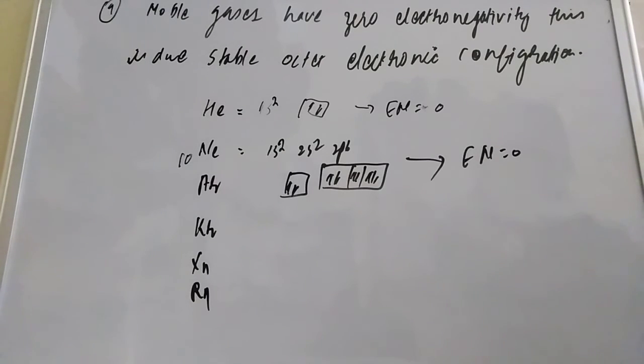So in noble gases, the rule says that if the configuration is stable and the octet is completed, electronegativity will be 0.